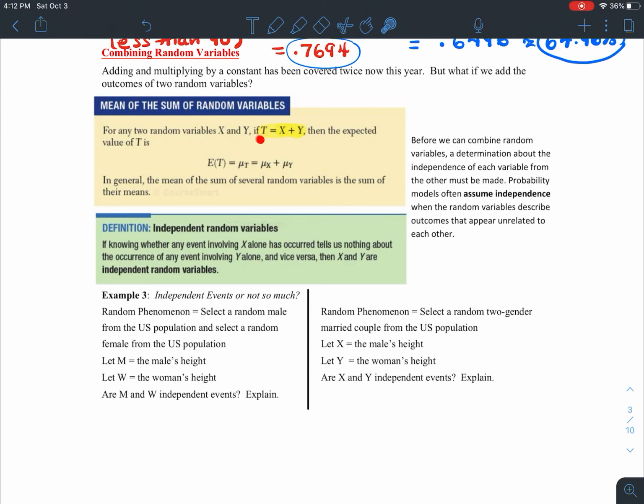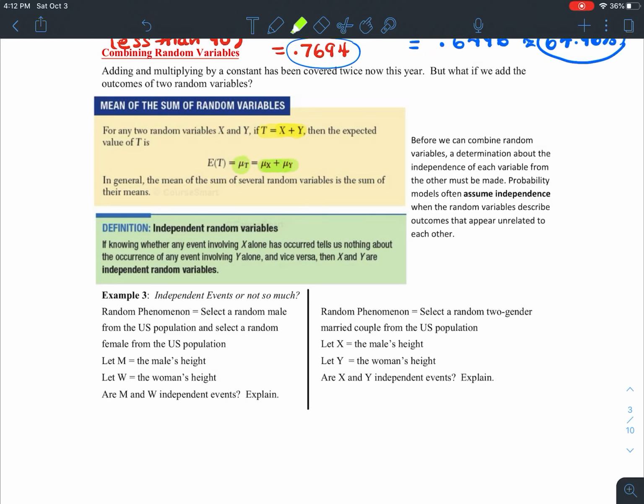But if we wanted to combine 2 random variables, say x and y, and we add them, we create a new random variable that we'll just call t. By adding the 2 random variables together that result in the random variable t, what would be the expected value for t, or the mean of the random variable t?